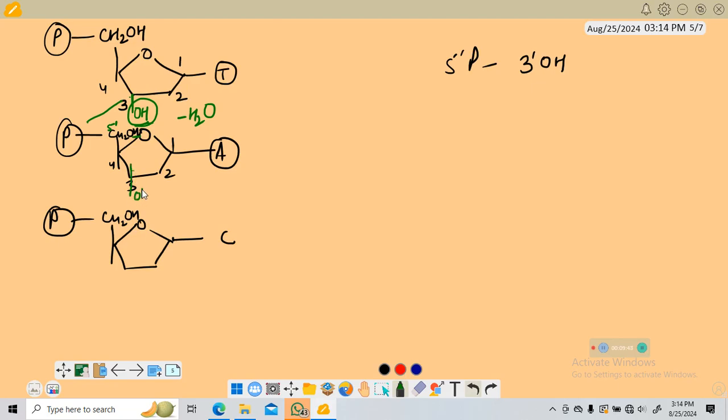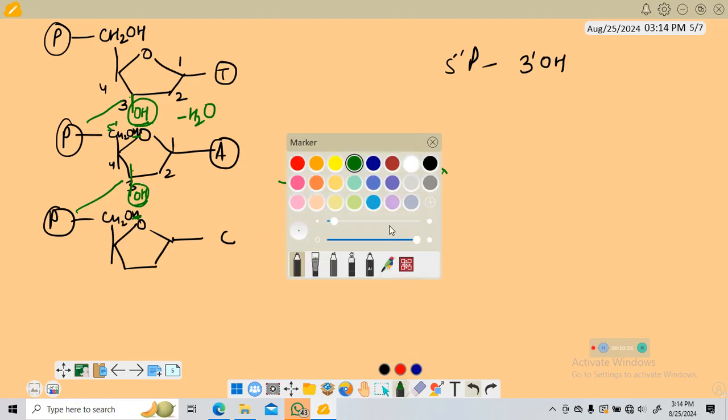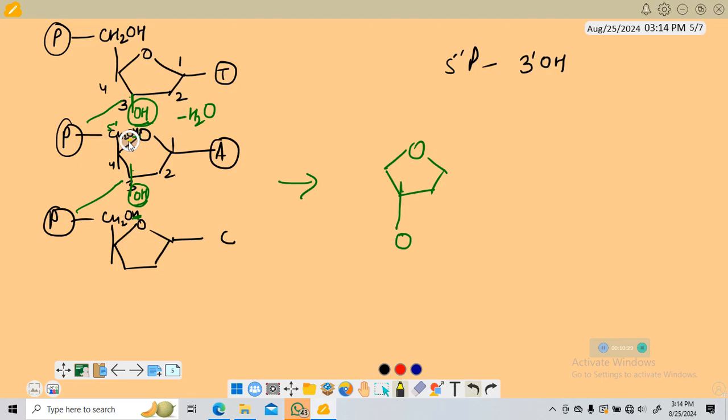Similarly, this will be like this. OH will be moved out, 1 H from here. H was removed, hence O is left here. This O is left here.